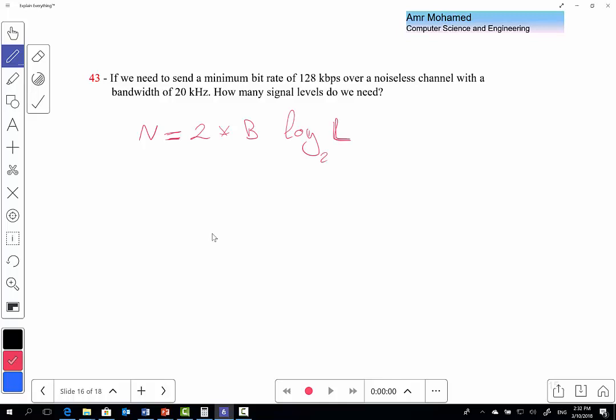Okay, so if we have 128 times 10 to the power 3 equals 2 times 20 times 10 to the power 3 log 2 of L.